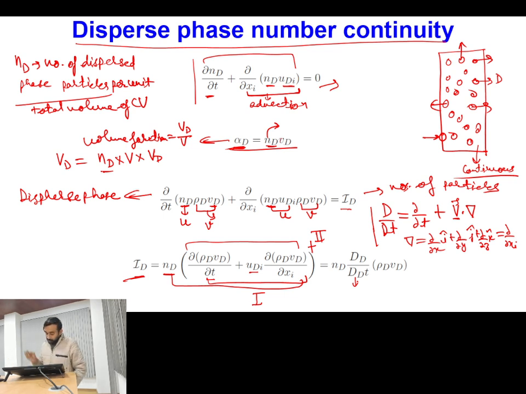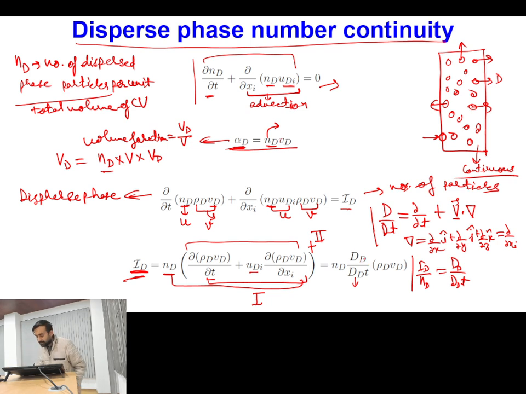Here one interesting fact is, if you simply take this Nd to the other side, then you will find Id by Nd equal to d by ddt. So whenever the subscript d is used, it means we are talking about the substantial derivative of the dispersed phase.